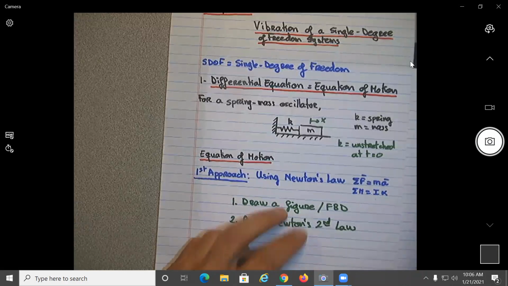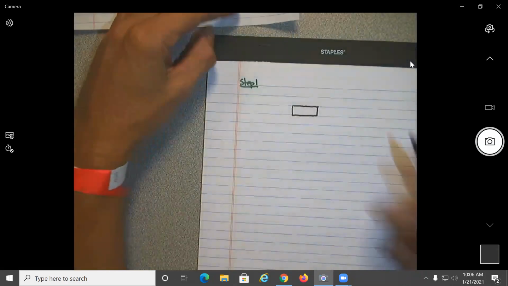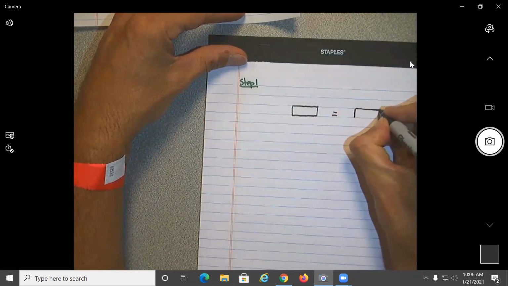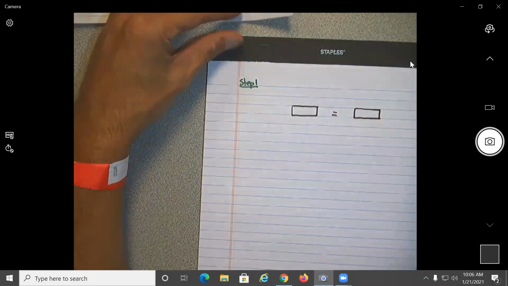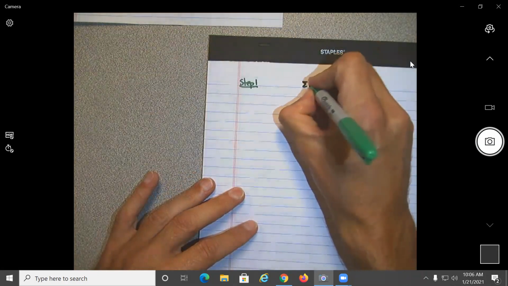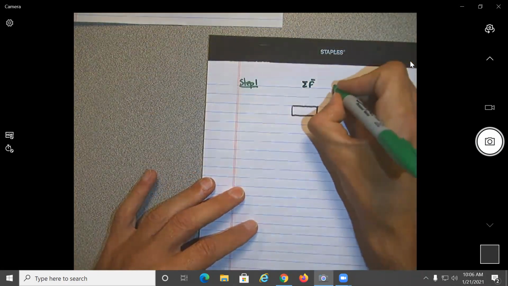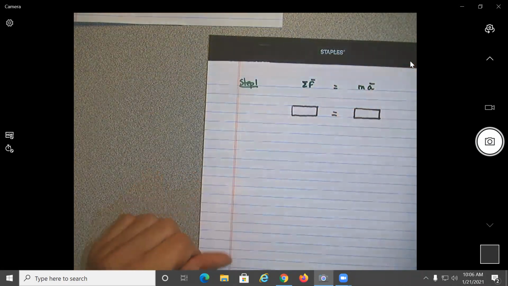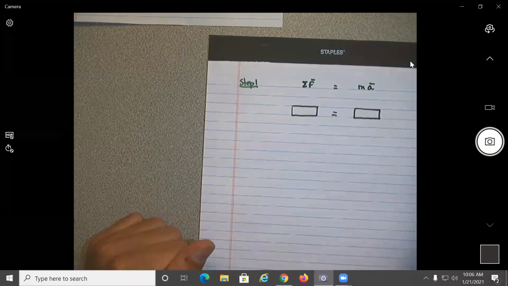That's why I like to do two sketches. Generally I don't do this, but basically this sketch would be for the summation of forces, and this one will be for the inertia effects.